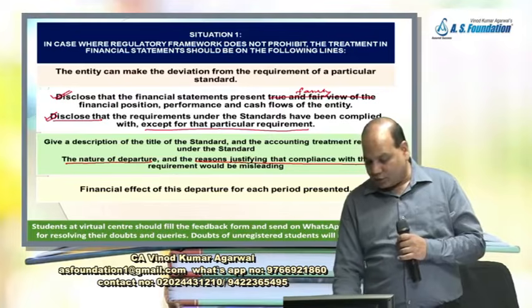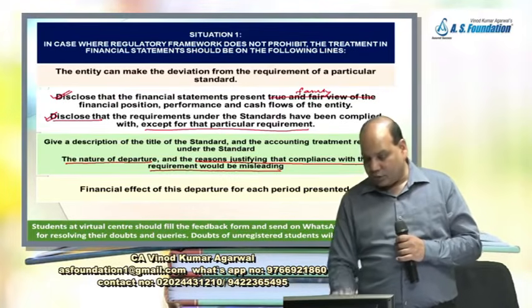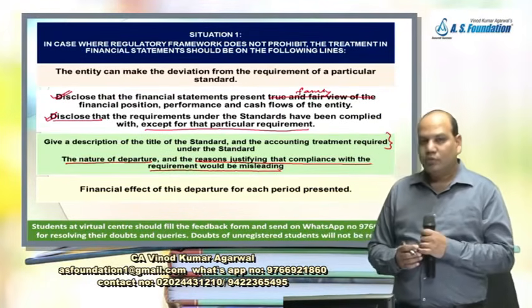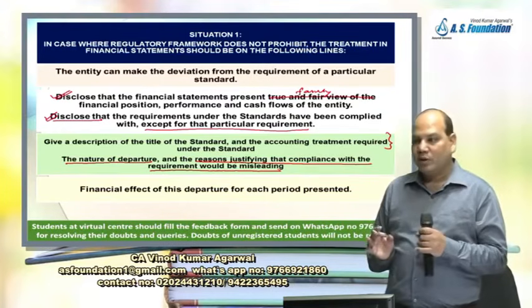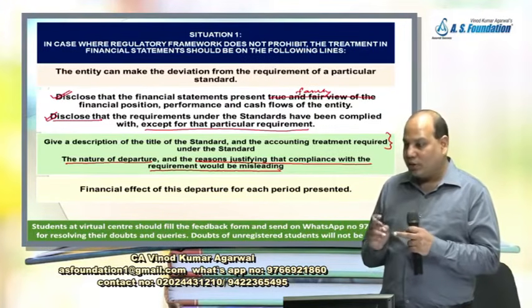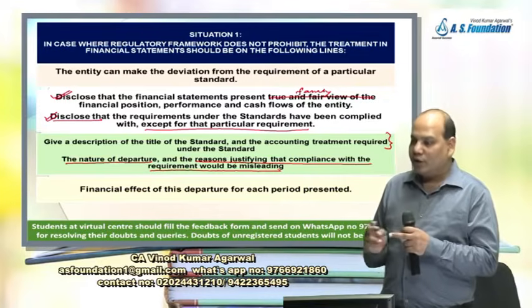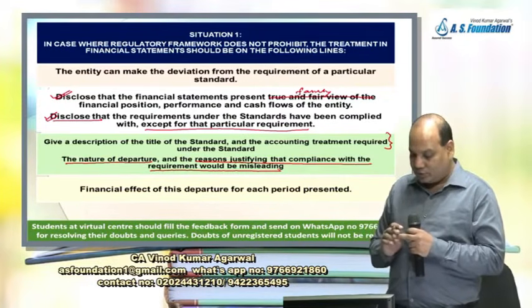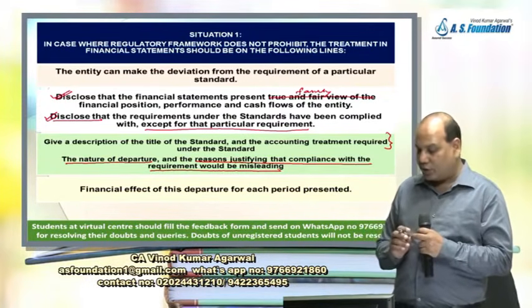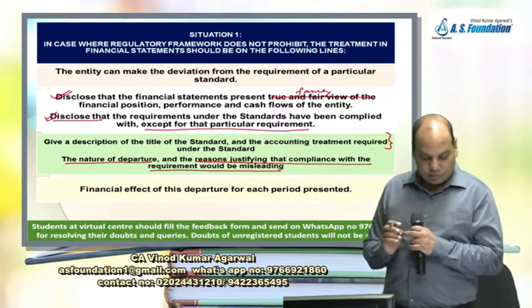Reasons justifying that compliance with the requirement would be misleading. So in fact you have to give a lot of explanation to your investors that we have deviated, why we have deviated, and the financial effect of this departure for each period presented.